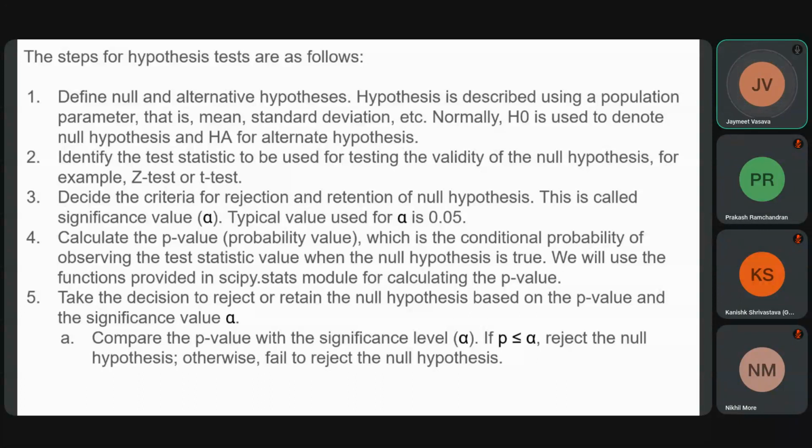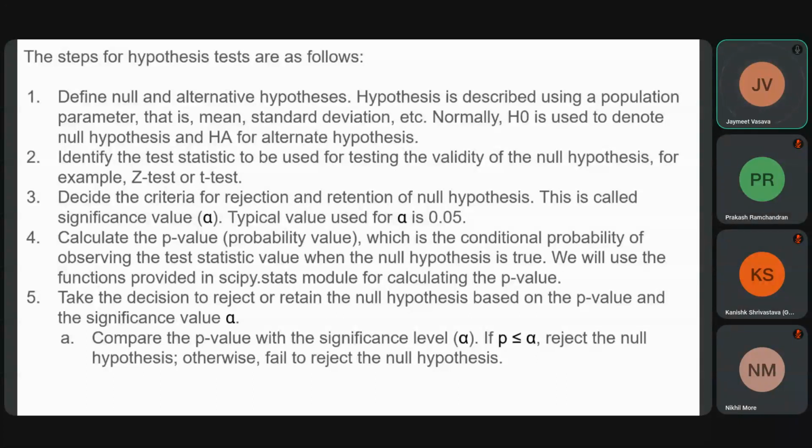Then, the third step is to decide the criteria for rejection and retention of a null hypothesis. Now that has to be a value which tells us for reference whether the current belief, or the null hypothesis that we have, should be retained or is valid or not. So this is what the significance value, or alpha's value, tells us.